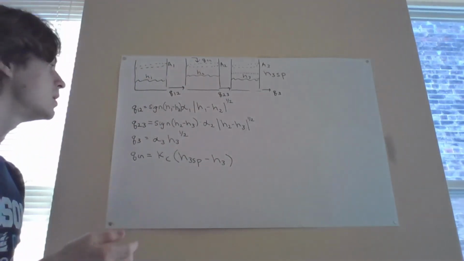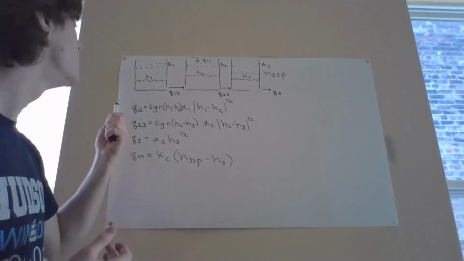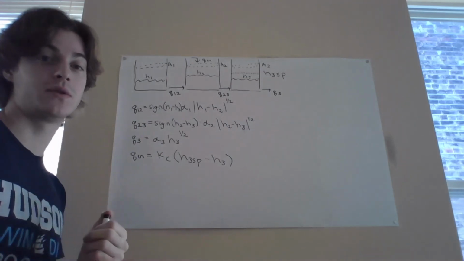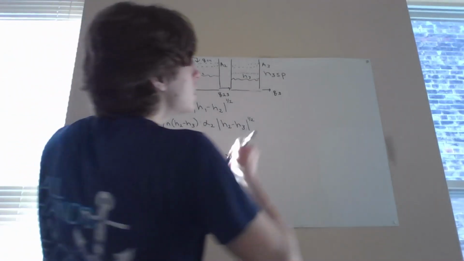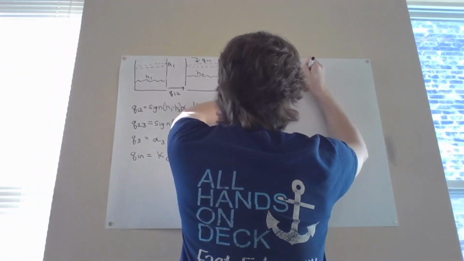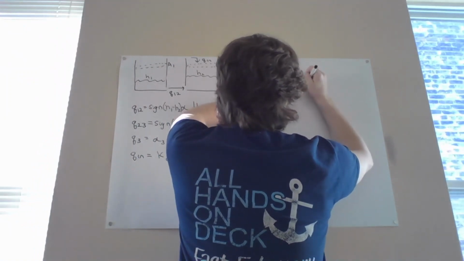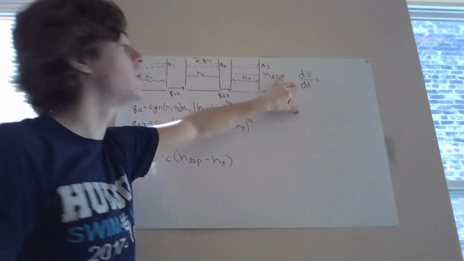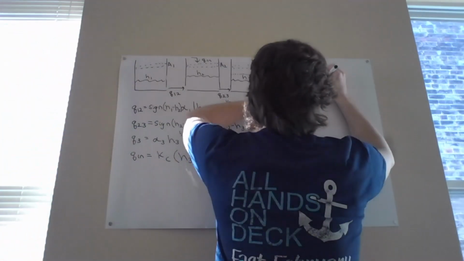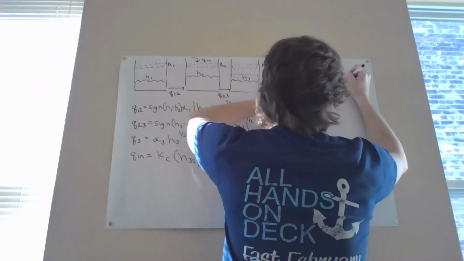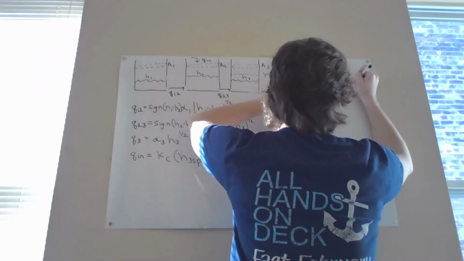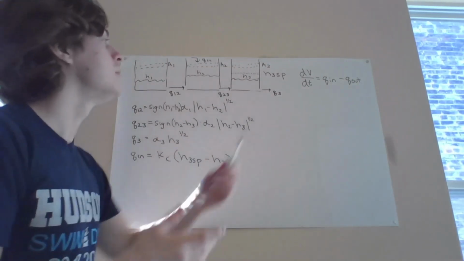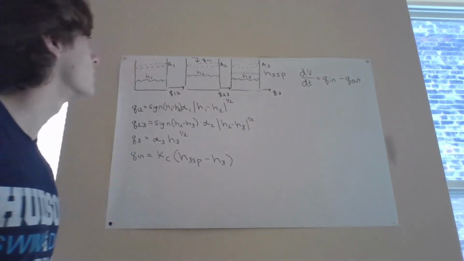We want to simulate the heights. So how we're going to do this is we are going to use the relation of the volume in the tanks. The change in volume of the tanks with respect to time will be equal to the flow rate into the tanks minus the flow rate out of the tanks. So we just have to write the derivatives for each of the tanks.